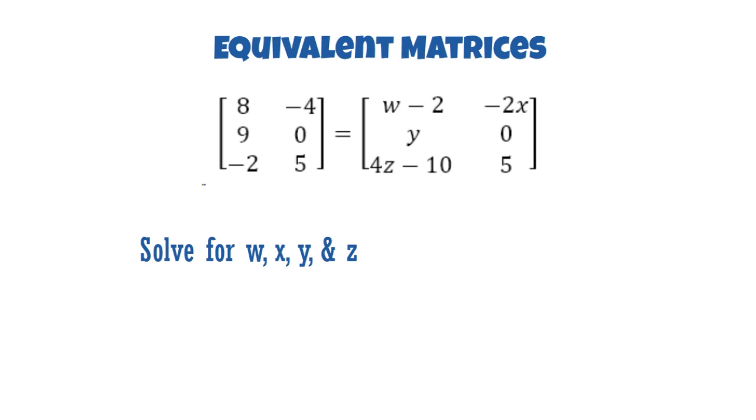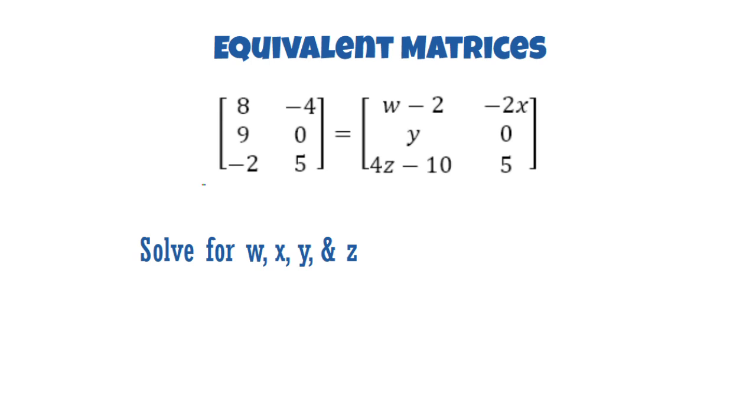Not only will they need to have the same dimensions, but they also have to have all the same corresponding elements. So when you look at this example, this is a 3 by 2 matrix. This also is a 3 by 2 matrix. Notice that this together is an element right here. This is its own element, and they just have plenty of space in here to distinguish one from the next.